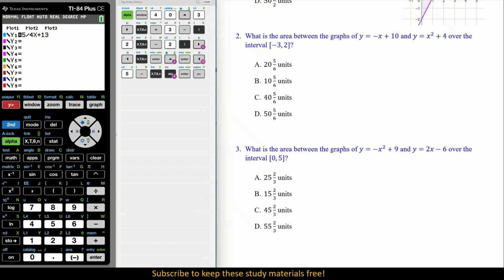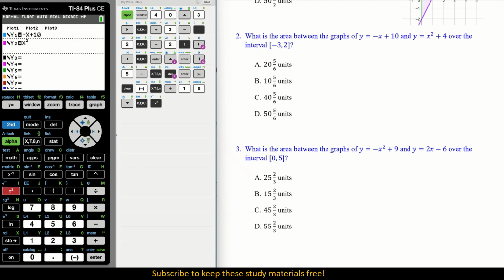Go to your setup and just graph it, go to your y equals. Clear it out. Now put in the first one, negative x plus 10. Then you go down and put in x, square it, and then add your 4.